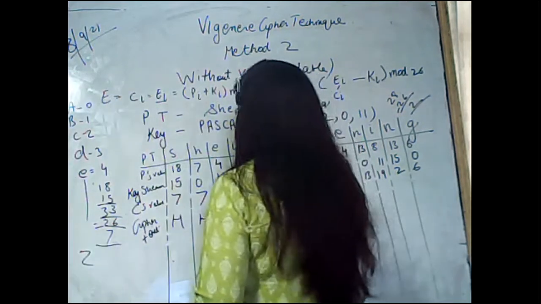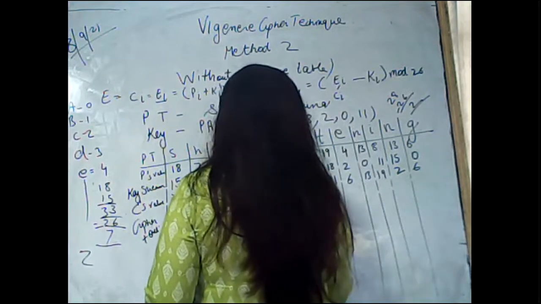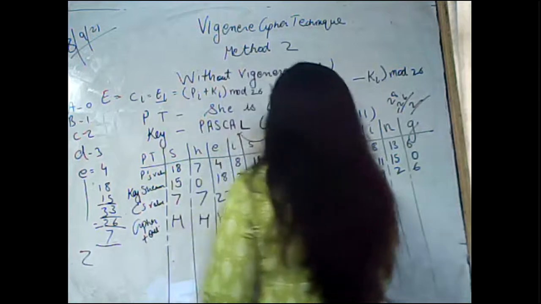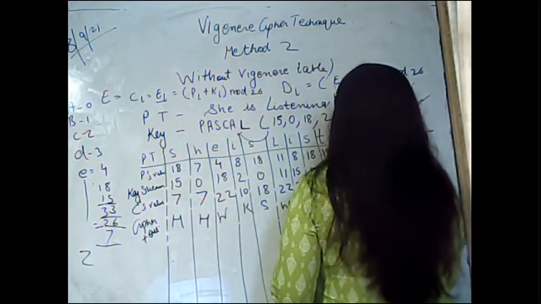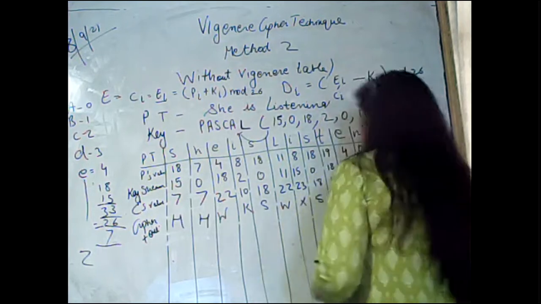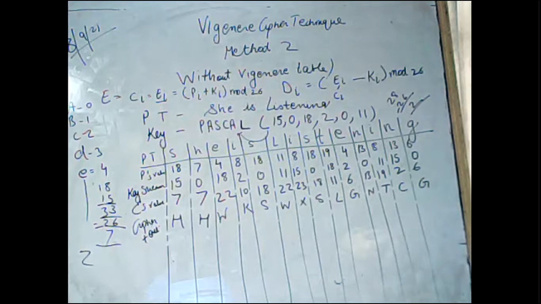That is W. And we have K, S, W, X, S, L, G, N, T, C, G. So these are all the values that we will be using.